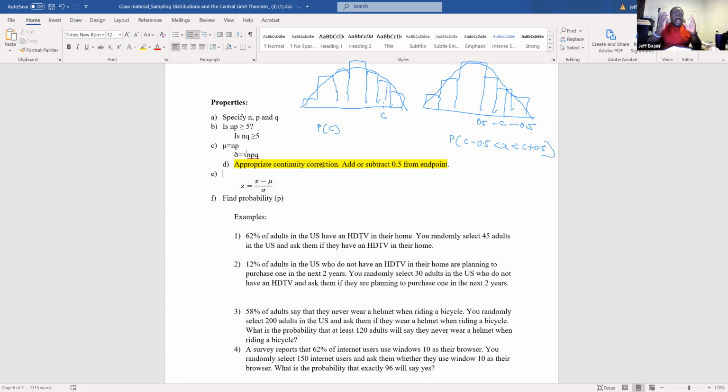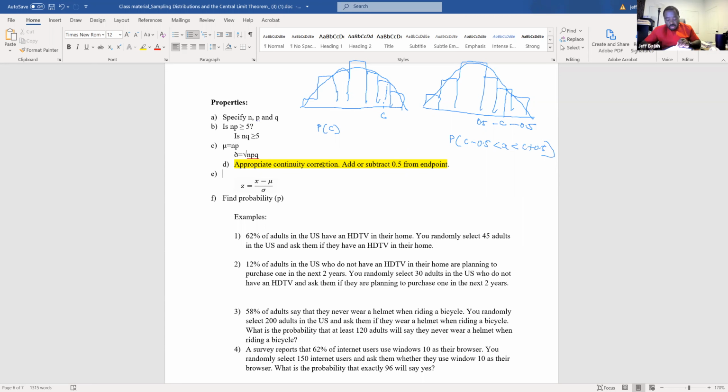Because when we have that number, we know that it might be shifted a little bit right or left. We don't know. But to correct that and to make sure that value looks like an exact value for binomial, we subtract 0.5 to the left and add 0.5 to the right. That way we get an exact value.